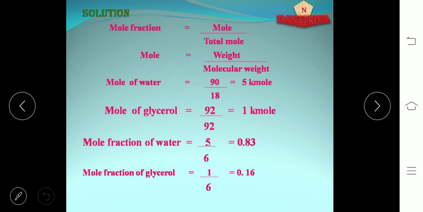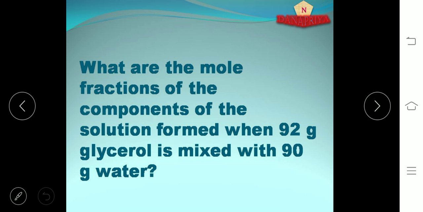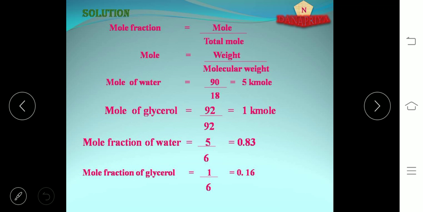Then, mole of glycerol, same as that. The weight of glycerol is 92. Then find molecular weight. C3H8O3. Find the molecular weight for glycerol. Then 92 by 92, by calculating we get 1 kilomole.